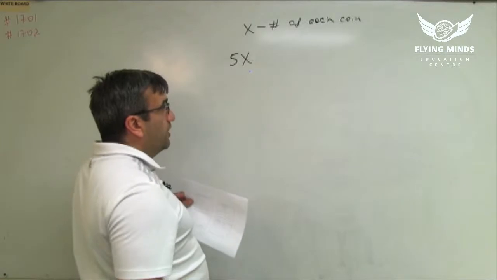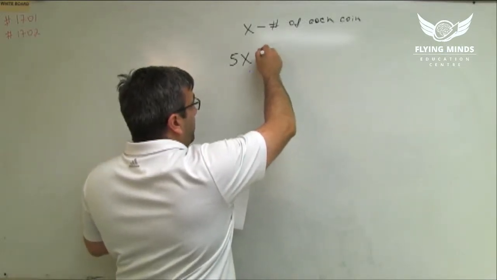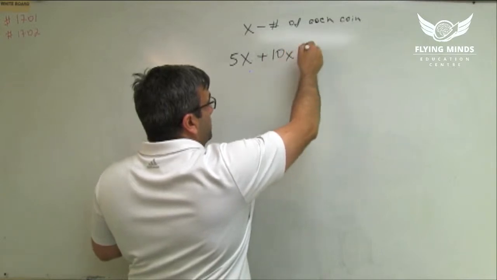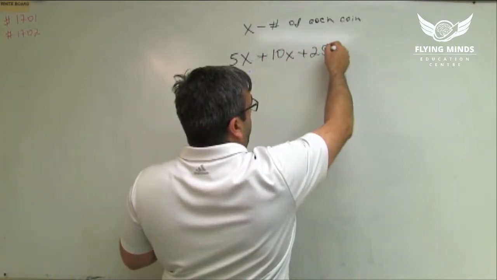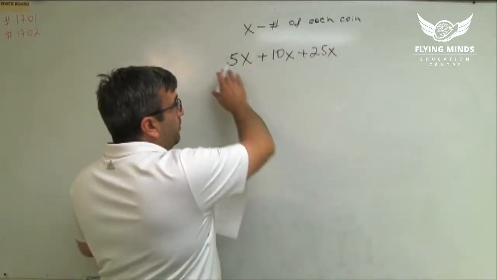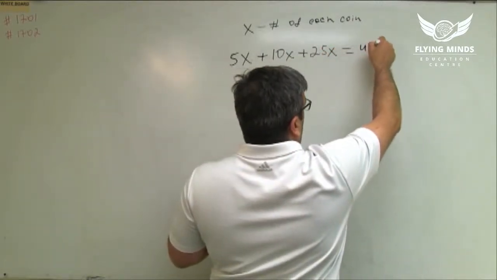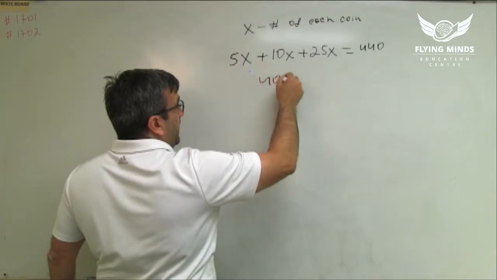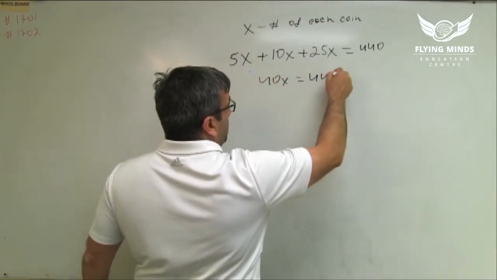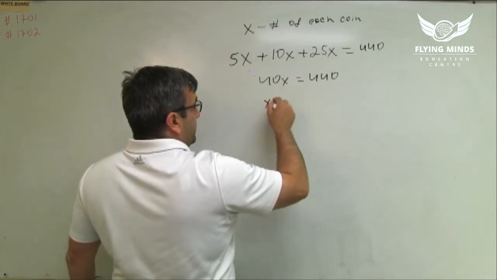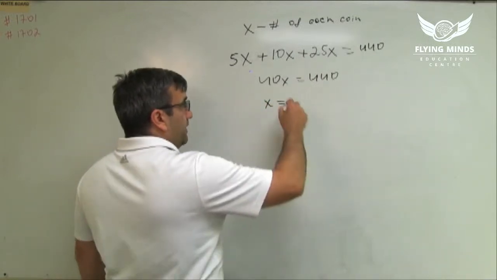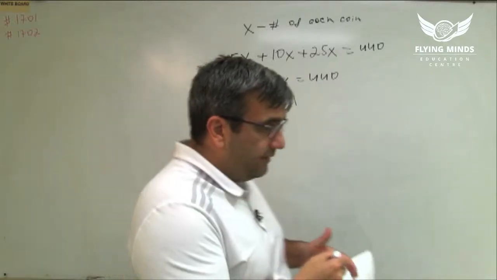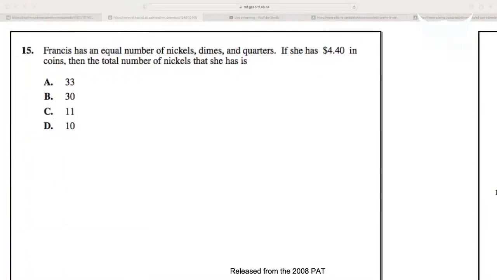This is the total value of nickels, this is the total value of dimes, and this is the total value of quarters. If we add all these values, we get 440. Now combining, it will be 40x equals 440. x equals 11, right? So we have 11 nickels, right? Okay.